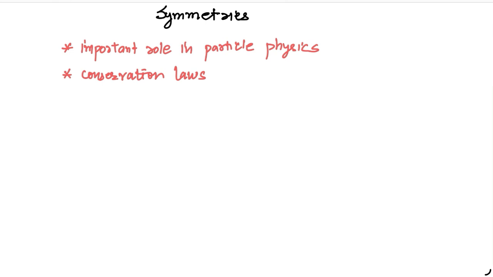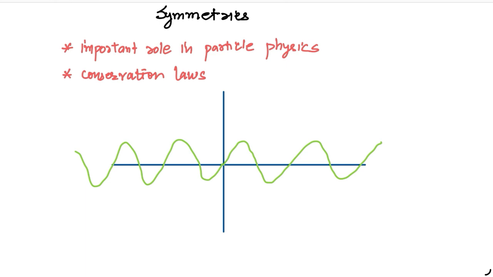But let's first get an idea of what symmetries are and how we can use them. This is a very famous function. Imagine we have no idea what the functional form of this function is. Just from looking at the graph, what information can we get? One thing you can understand is that it's an odd function.